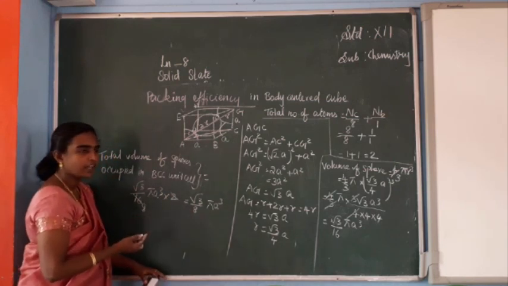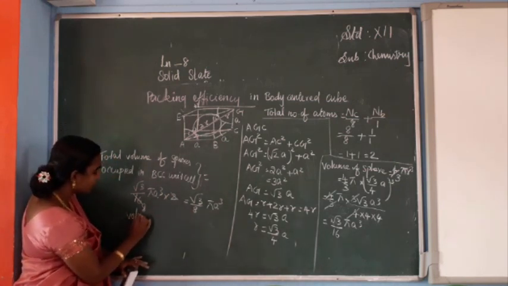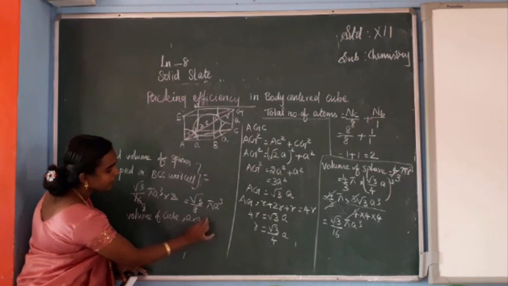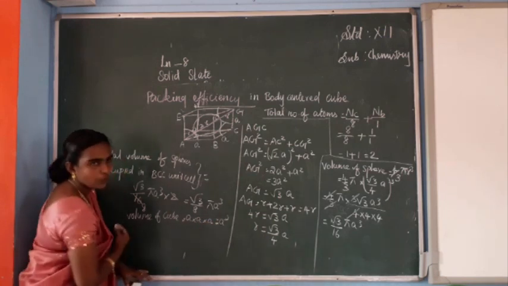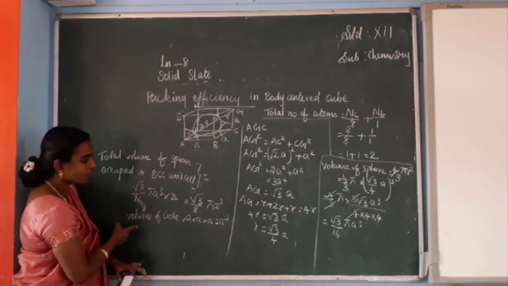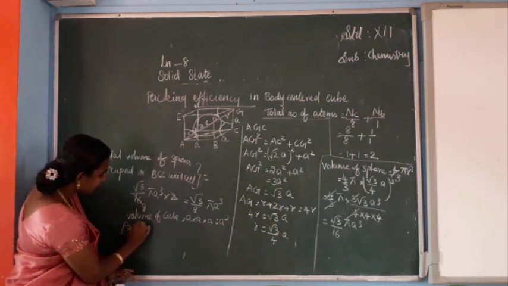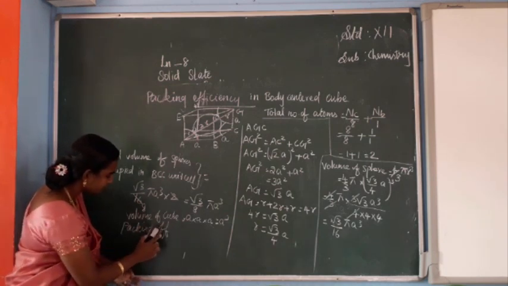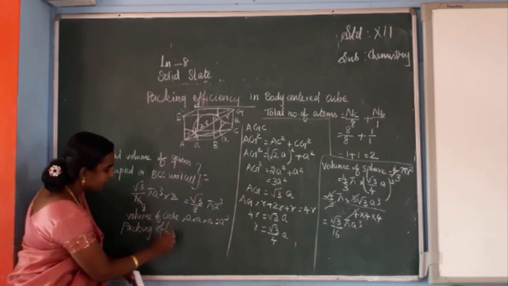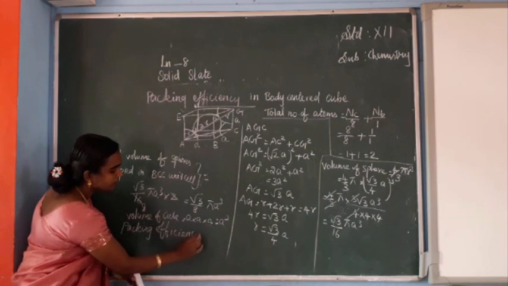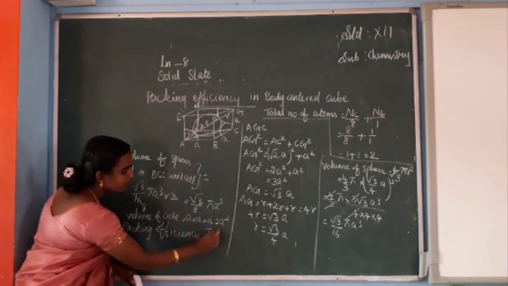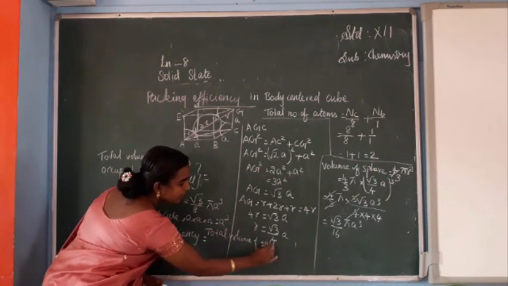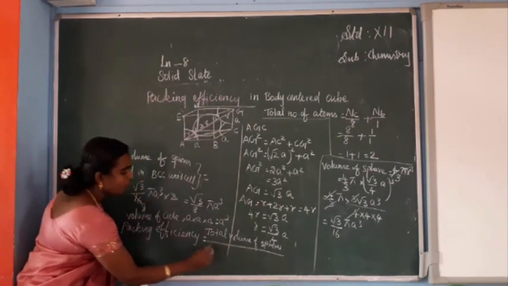Okay. So next what we have to do? The volume of the cube is a into a into a, which is equal to a cube. So these two values we know. Then how can we calculate the packing efficiency? Packing efficiency is equal to the total volume of spheres divided by the volume of cube.